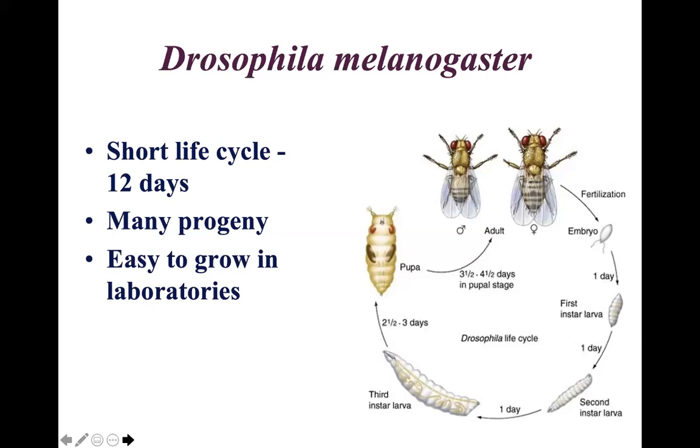Those are what we typically call the maggots, right? And growing them is very easy. When things first started, you would just take mashed bananas and put them at the bottom of the bottle. And that was enough nutrients for thousands and thousands of flies.